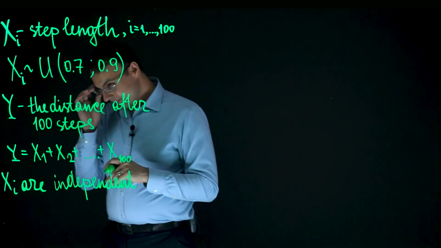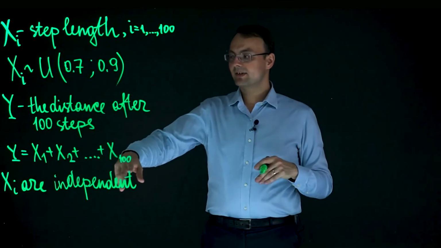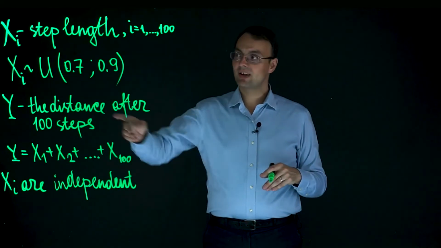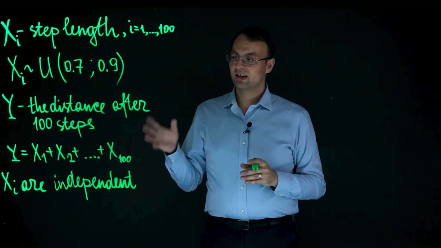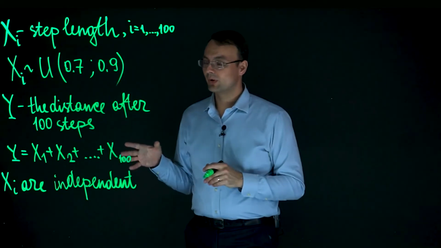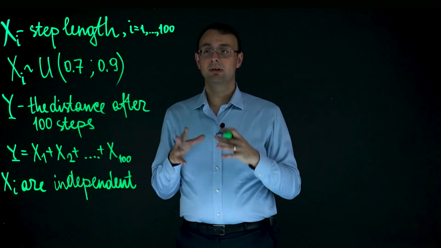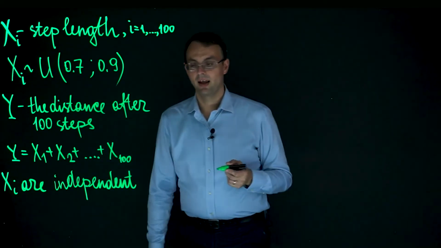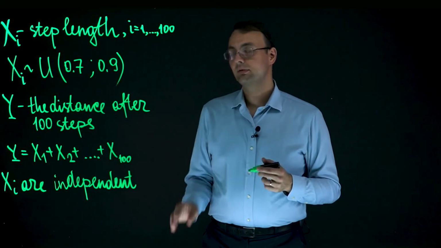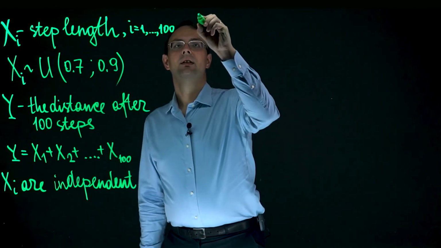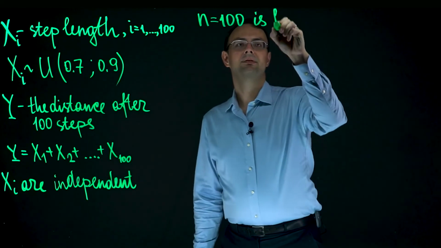After we say that these xi's are independent and all identically distributed, we can apply the CLT. Their sum is subject to the central limit theorem, and n, which is equal to 100 in our case, is big enough.